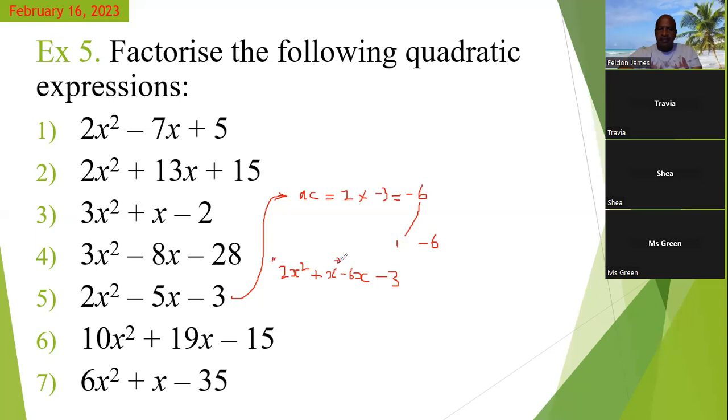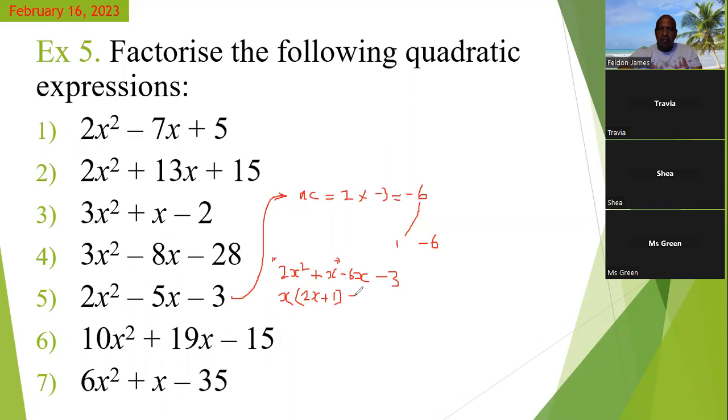Continue, miss. Okay, so x is common among each. Continue. 2x into 2x squared, you're going to be left with 2x, plus x into x goes 1 time, close bracket.